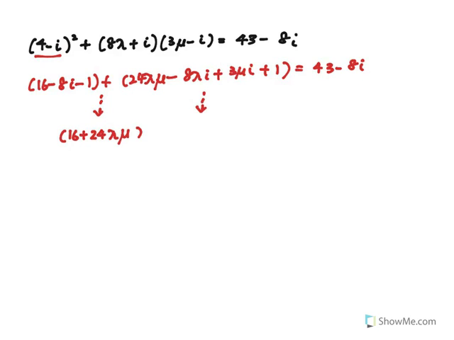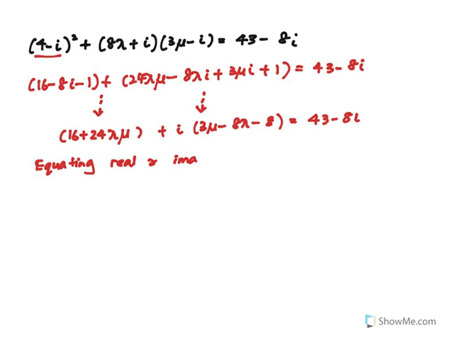So I have 16 plus 24 lambda mu plus i of (3 mu minus 8 lambda minus 8) equals 43 minus 8i. Now I have my real and imaginary parts standing side by side, so I'm equating the real and the imaginary parts.